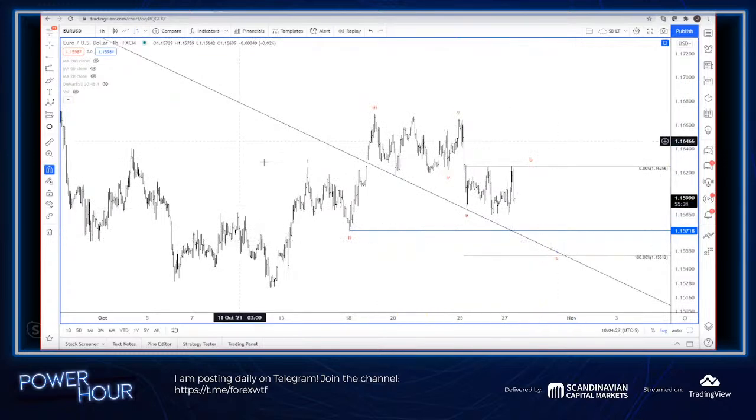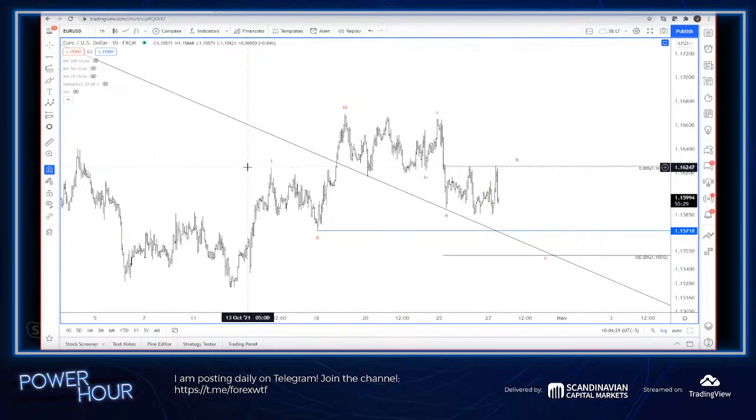Where my head's at heading into ECB is: resolve whatever this B wave is. You could spike up here, it doesn't matter. But eventually, we're looking for a spike lower, C wave, maybe support between 1550 and 1570. And then we'd be looking to go higher.